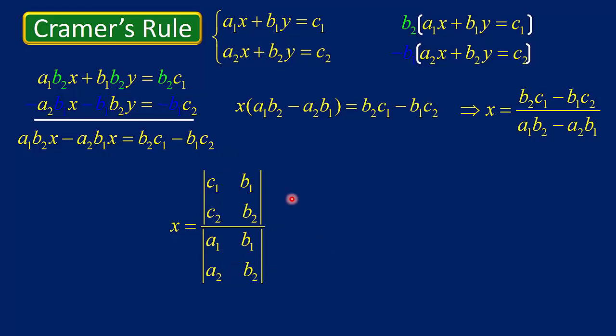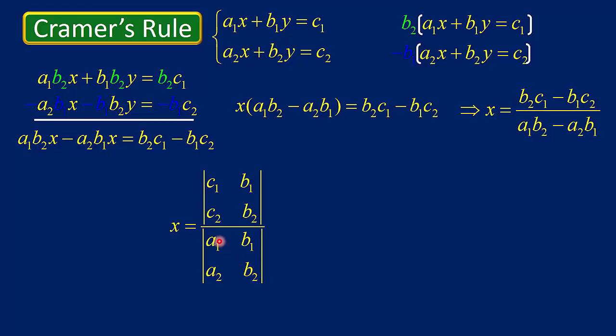And look at the top. The top is just like the bottom, except this column for the x's has been replaced with what's on the other side, C1, C2. So in place of the a's, I've got C1, C2, and then the y's are exactly the same. This makes it very easy for us to remember.